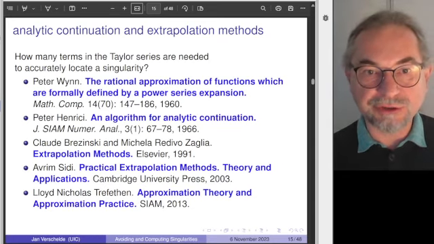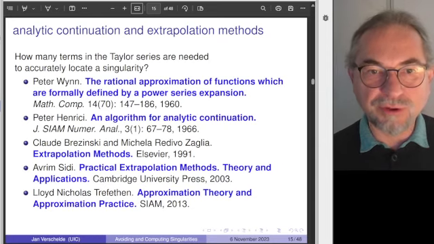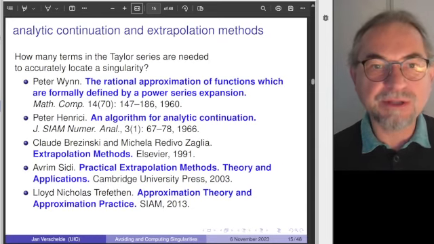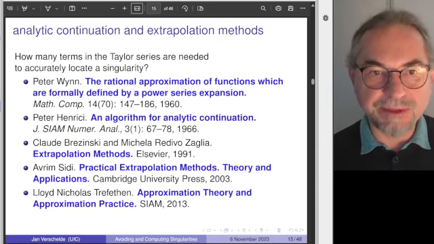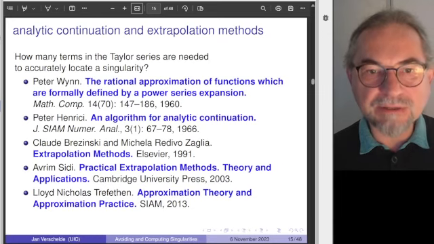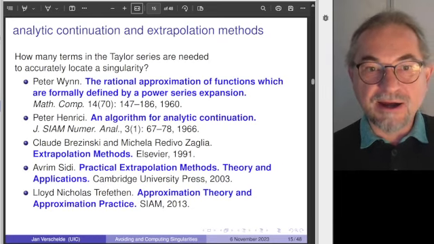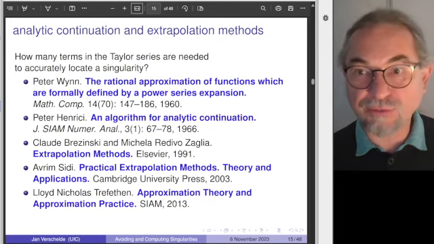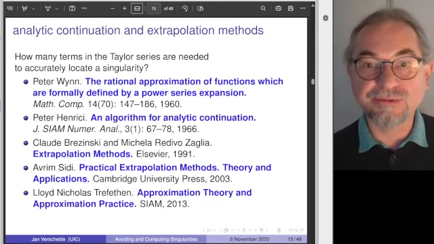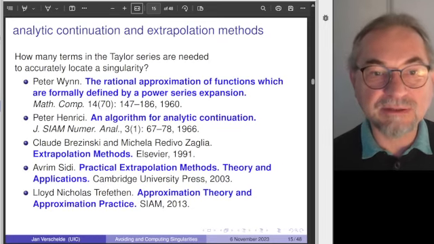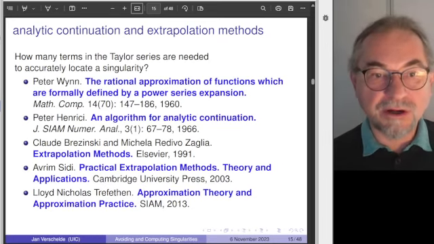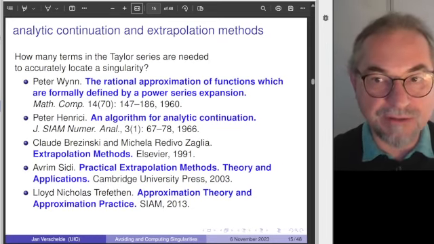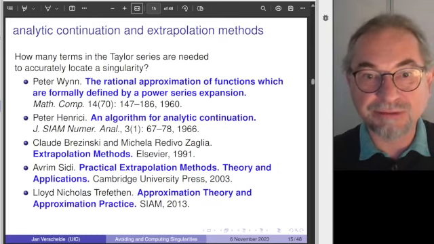So here are some of the tools in the literature. There is the row algorithm, which I will be using. This was presented in the paper by Peter Wynn. There is the work of Peter Henrici, an algorithm for analytic continuation. And there are the books, bullet points 3 and 4 here, on extrapolation methods.